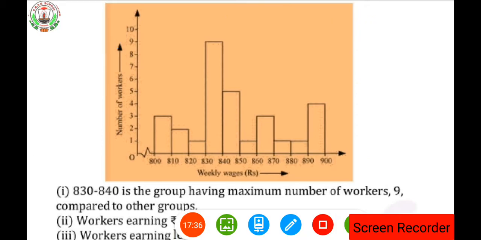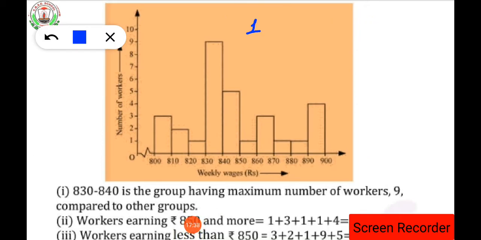Then, 1 unit is equal to 1 worker. This is the x-axis, this is the y-axis. So since it is a histogram, here is a zigzag mark. Why is it so zigzag?